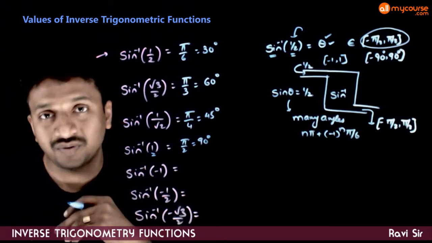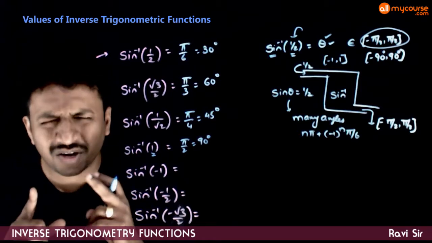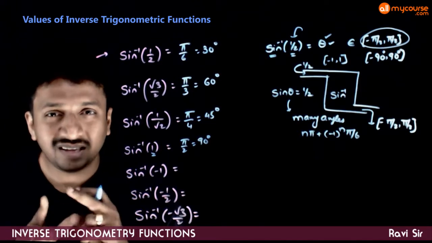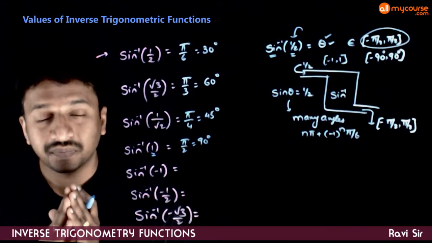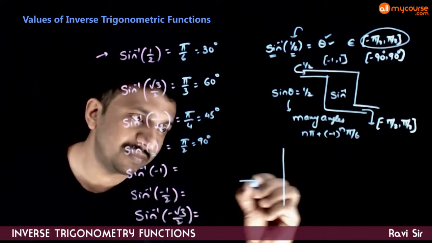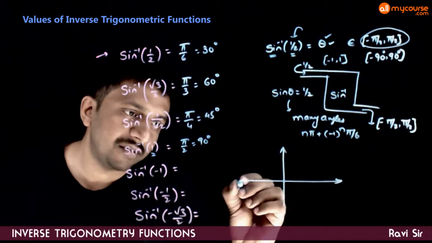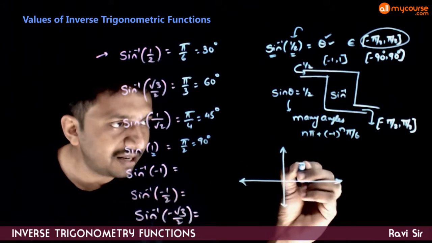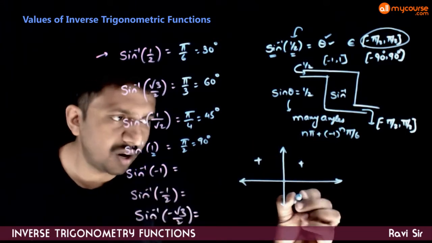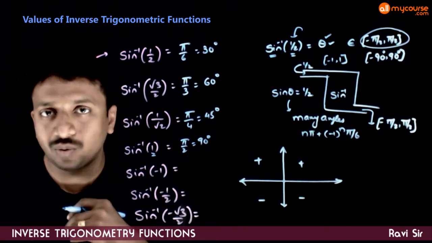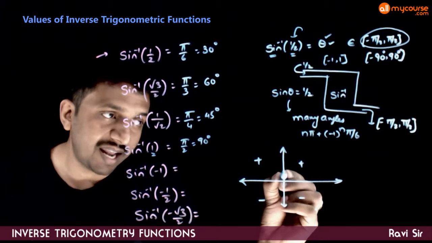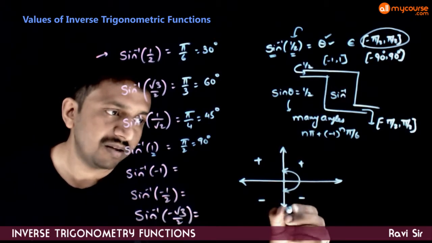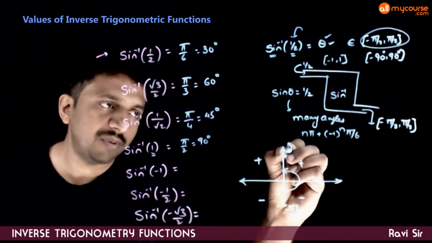Sine inverse of minus 1. Corresponding to which angle is the value of sine theta equal to minus 1? If you draw the quadrant diagram, sine theta is positive in the first two quadrants and negative in the second two quadrants. And we are searching for an angle from minus pi by 2 to pi by 2.